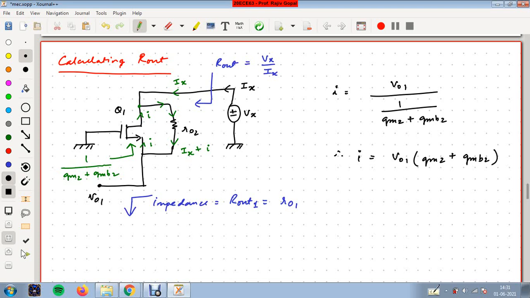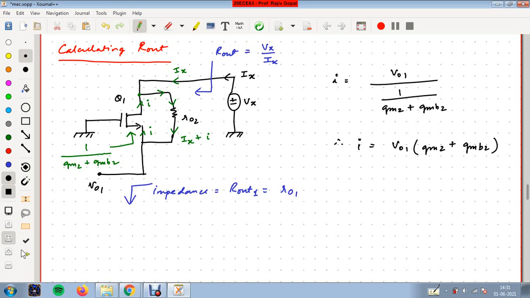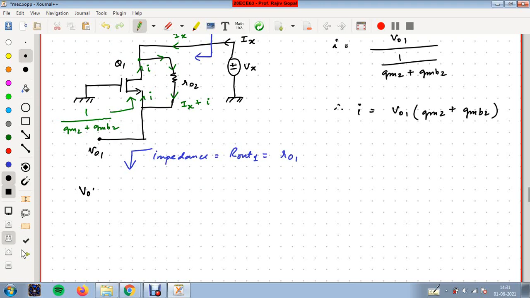Now, what is the potential difference? What is the voltage drop across R02? Right. Voltage drop across R02. Okay, so that I will call it as VR02. So V into R02 is Ix plus I into R02.